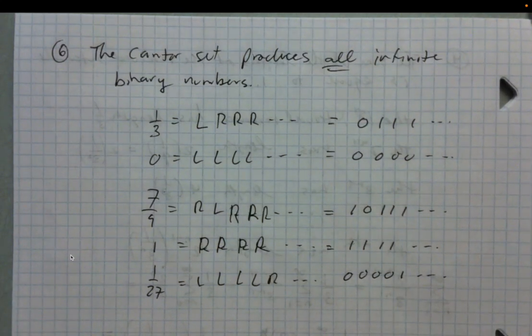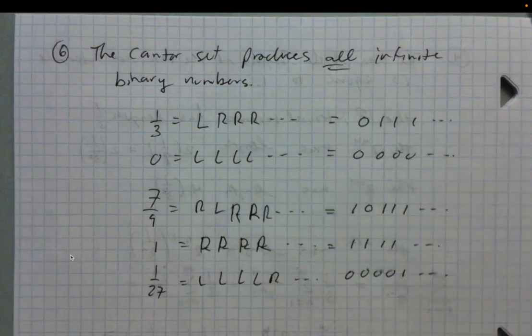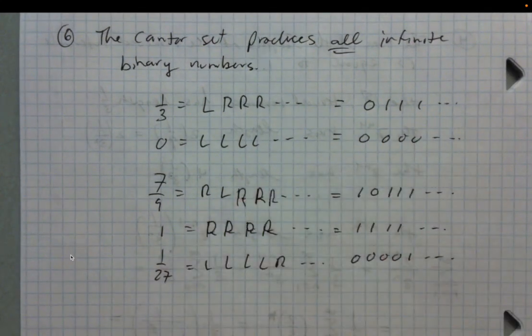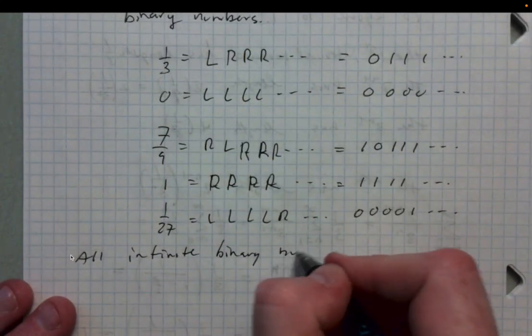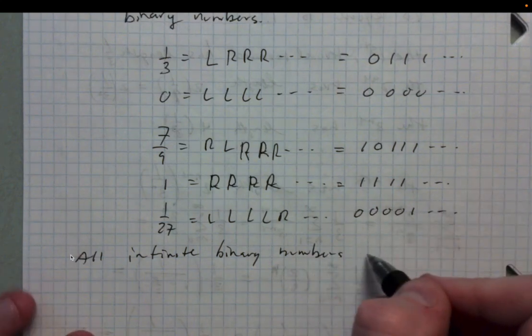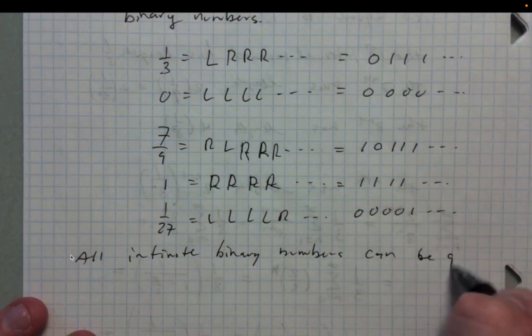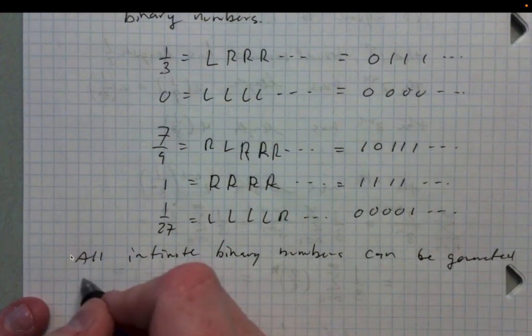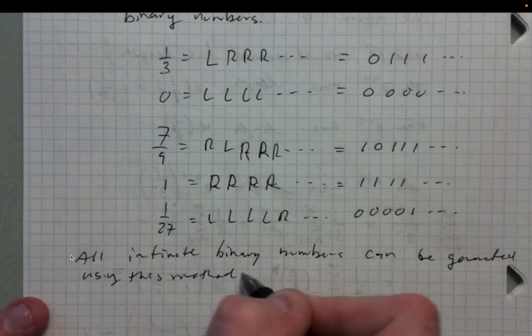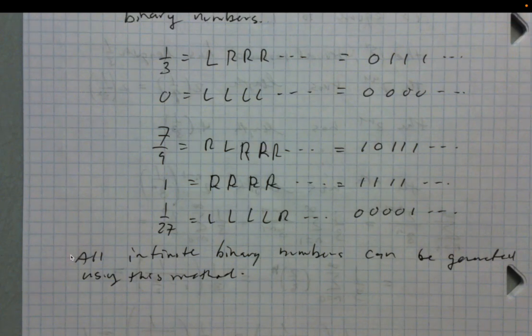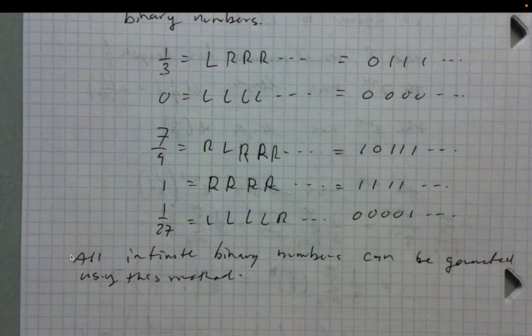Right, and so you can see, because of the way this is constructed, all infinite binary numbers are going to be on this list somewhere. All infinite binary numbers can be generated using this method. Because every time you take a step, each digit is just one layer down, and you have two choices.